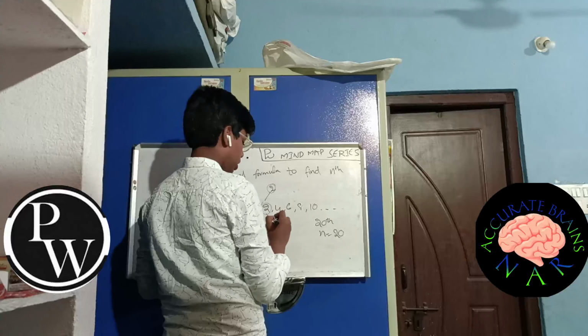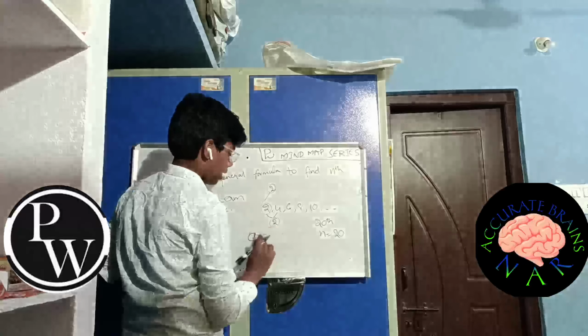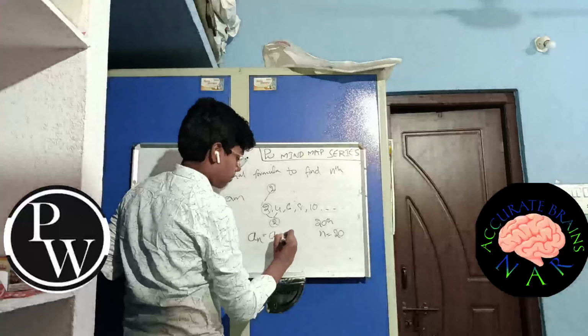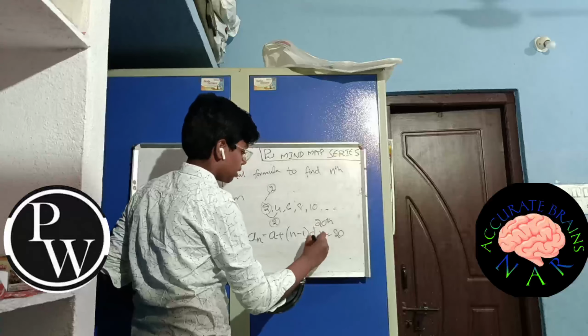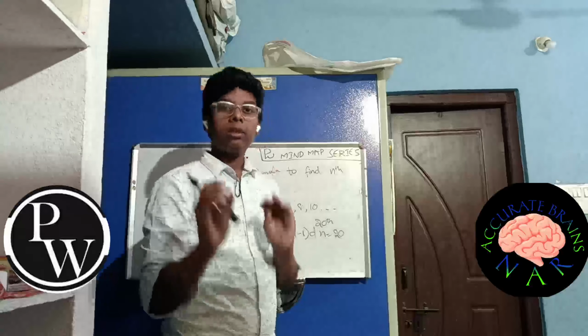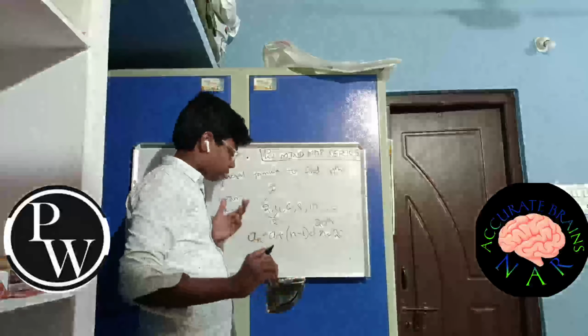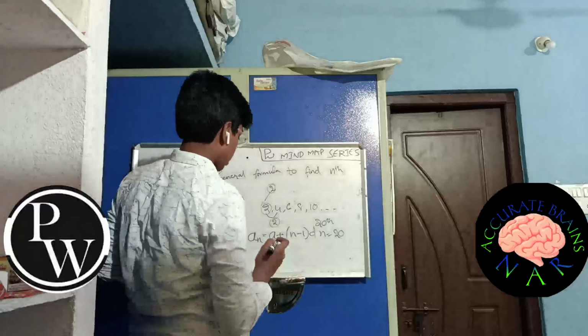So we have a formula: an equals a plus bracket open n minus 1 into d. This is the formula to find the nth term of an arithmetic progression.